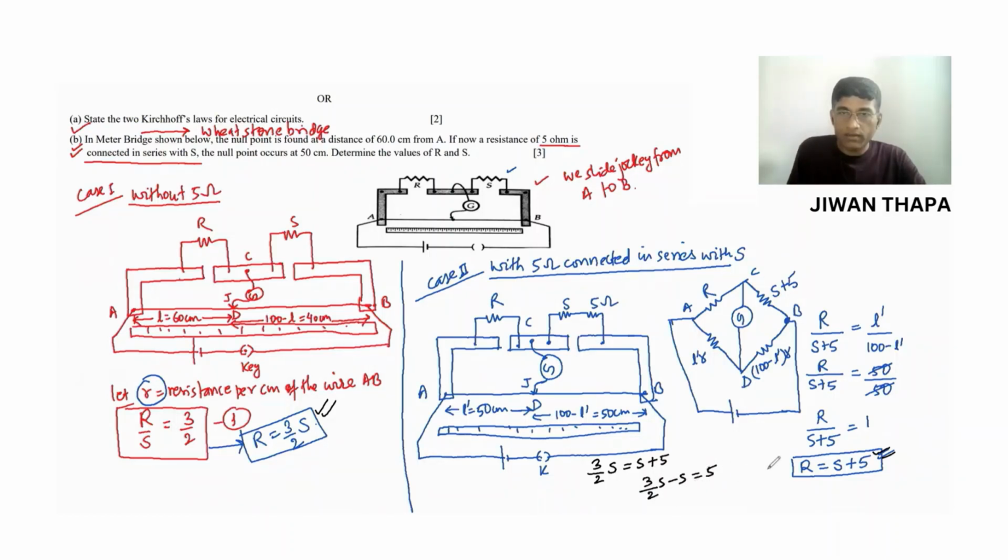Therefore, we can write 3 by 2 minus 1, and we have S outside the bracket. This equals 5. So this will give me 1 by 2 S equals 5.